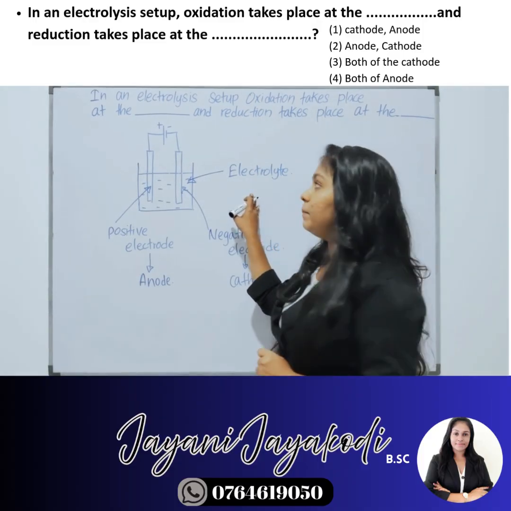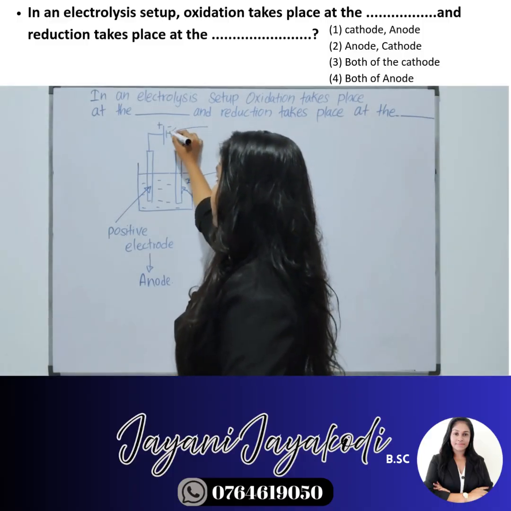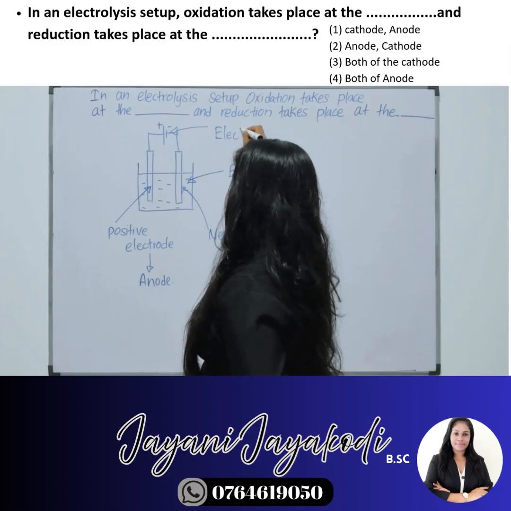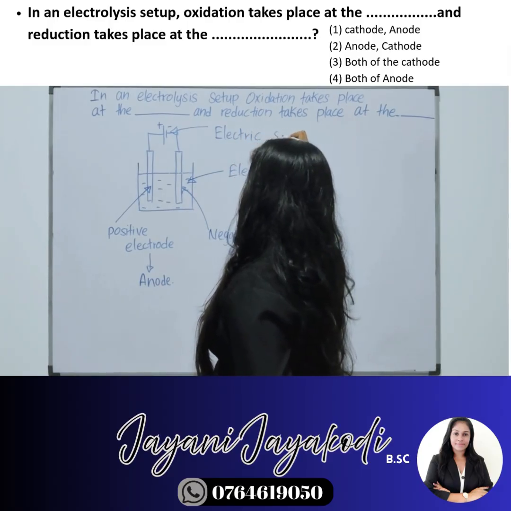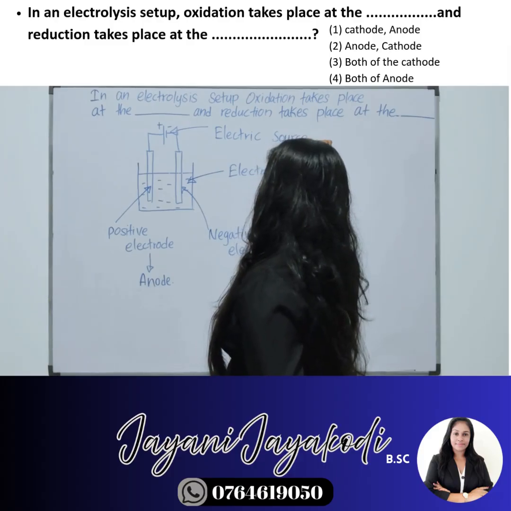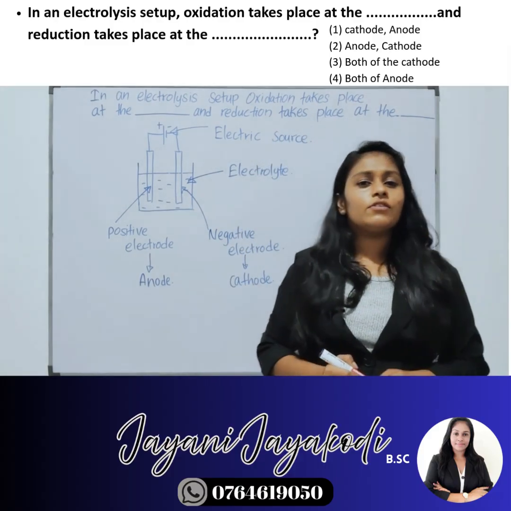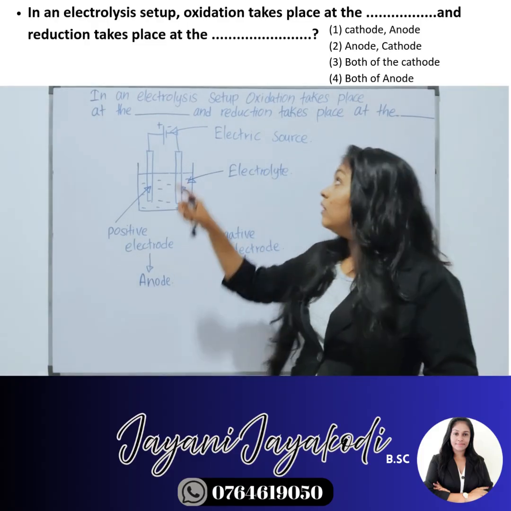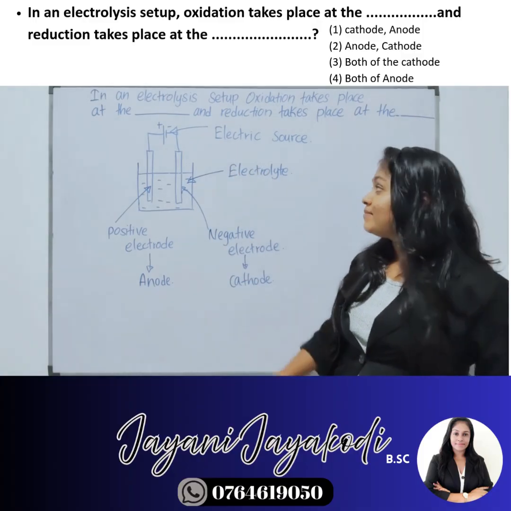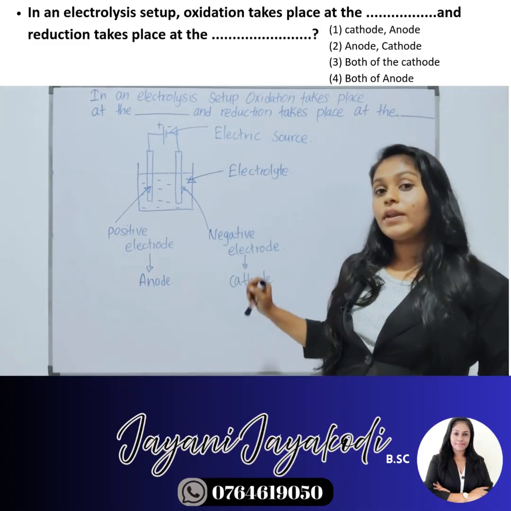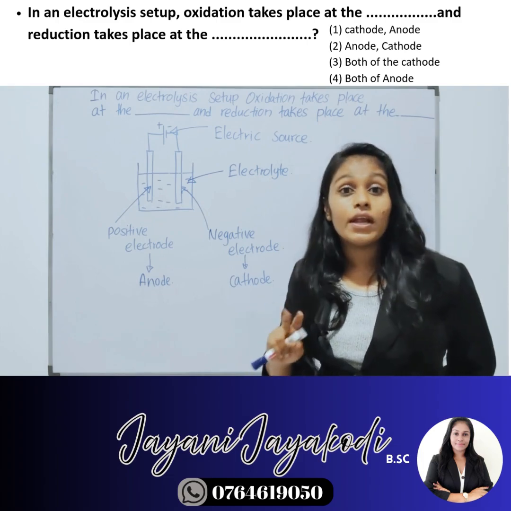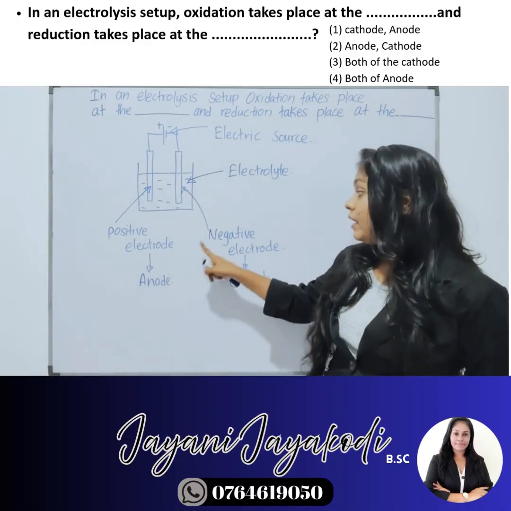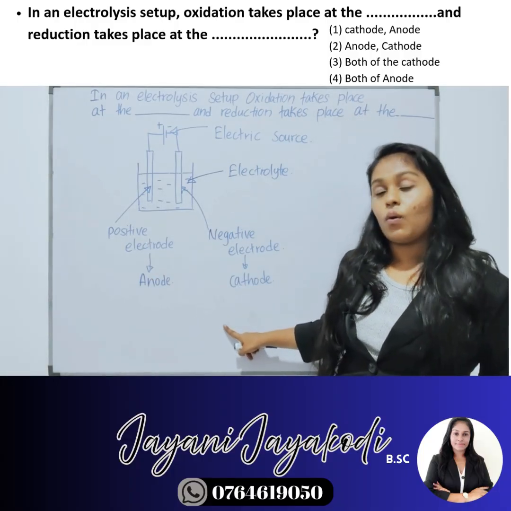And the next component here is the electric source. So, what are the three major components of this electrolysis setup? Electric source, electrodes. How many electrodes are there? There are two electrodes. The positive electrode we know as anode, the negative as cathode.